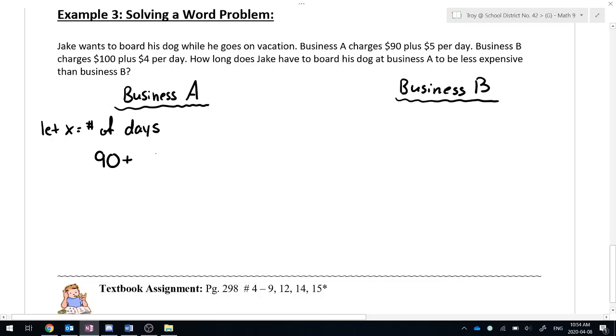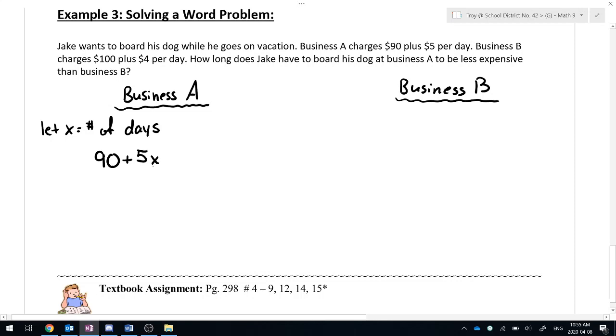So if x is our number of days, that means 5 times x is going to be the amount of money that Jake is going to pay total for his dog to stay there. So it's going to be plus 5 times x, right?